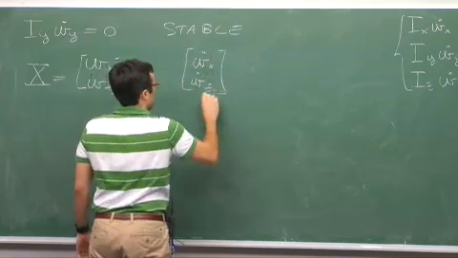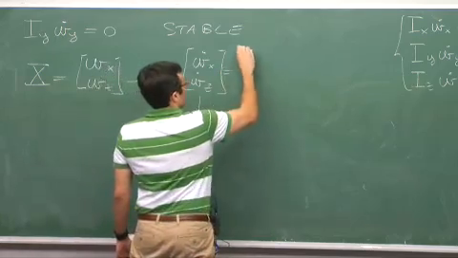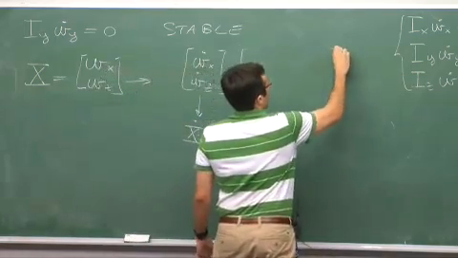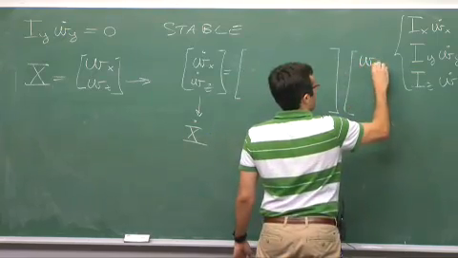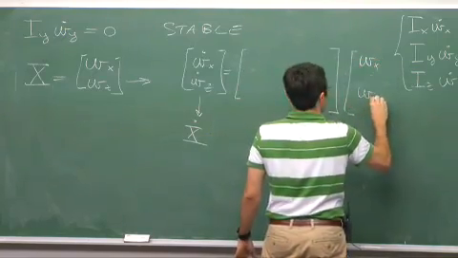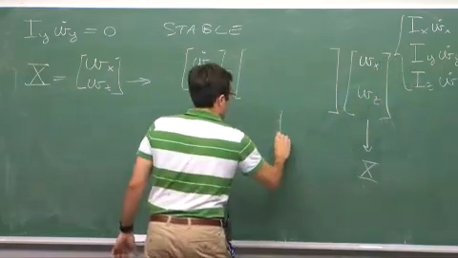So this will be my x dot vector, which is multiplying some matrix that I need to populate here, times omega x, omega z, which is my vector capital X. So this would be my A, which I need to study.